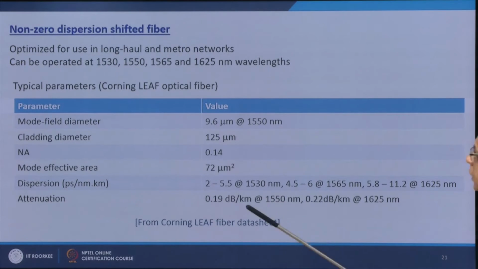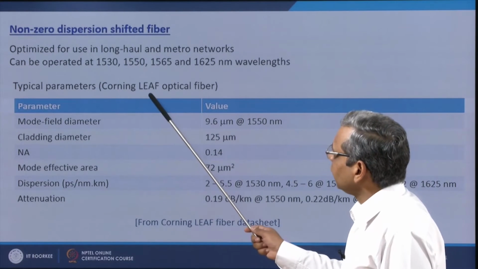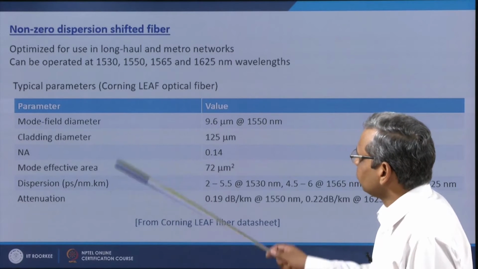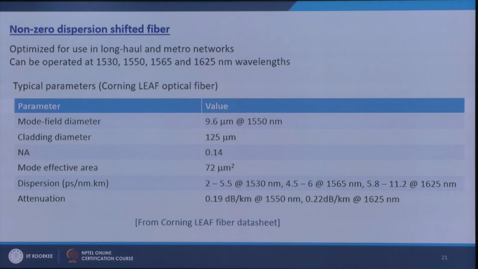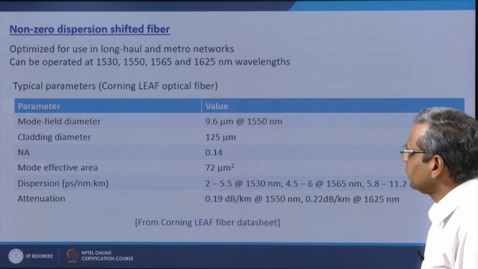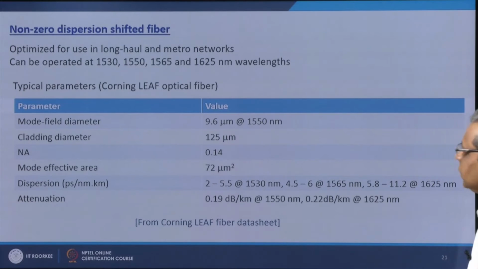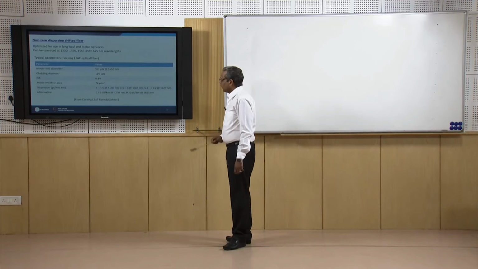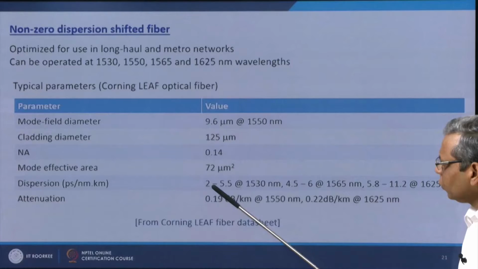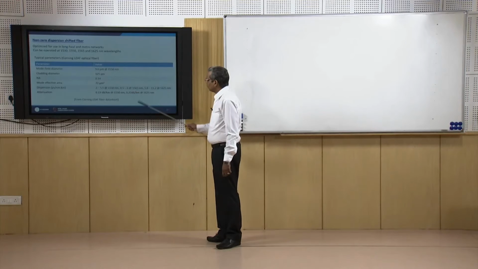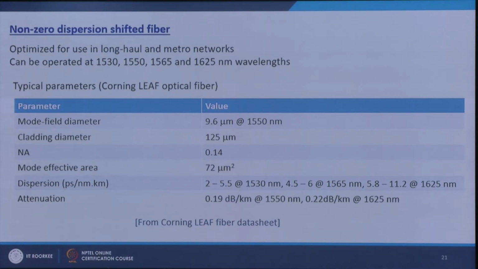And here I have listed typical parameters of Corning large effective area fiber, which is a non-zero dispersion shifted fiber, which has mode field diameter 9.6 micrometer at 1550 nanometer wavelength, cladding diameter 125 micrometer, numerical aperture 0.14, effective area of the mode 72 micrometer square, and it has dispersion about 2 to 5.5 at 1530 nanometer wavelength, 4.5 to 6 at 1565 nanometer wavelength, 5.8 to 11.2 at 1625 nanometer wavelength.